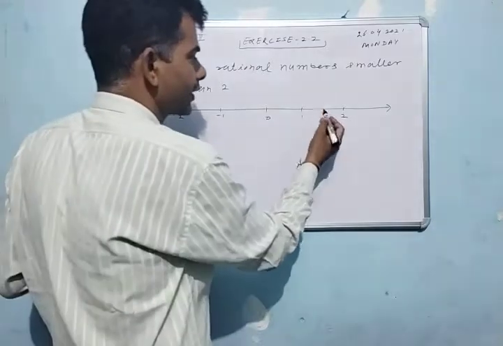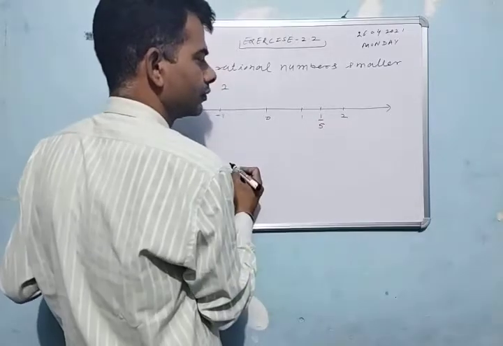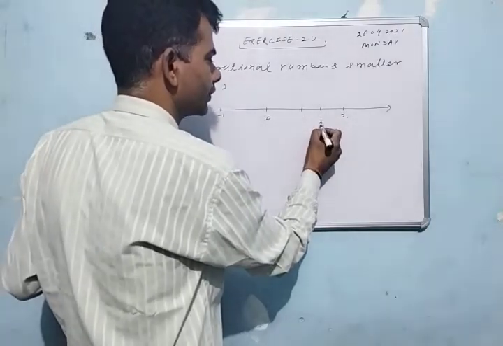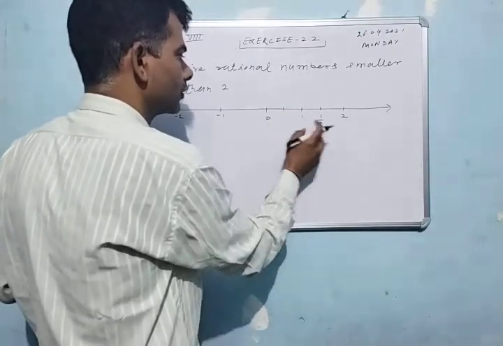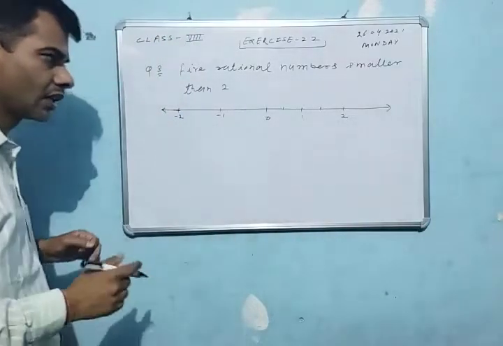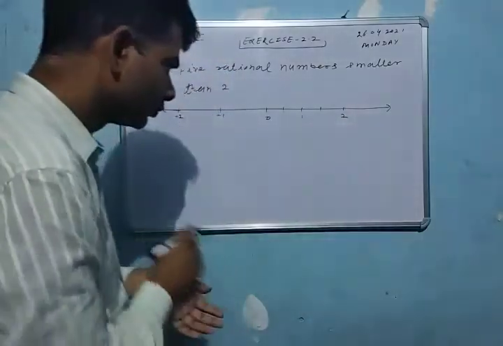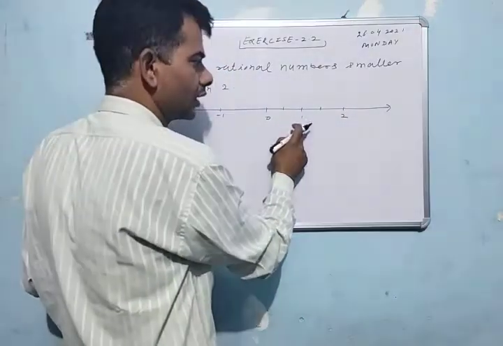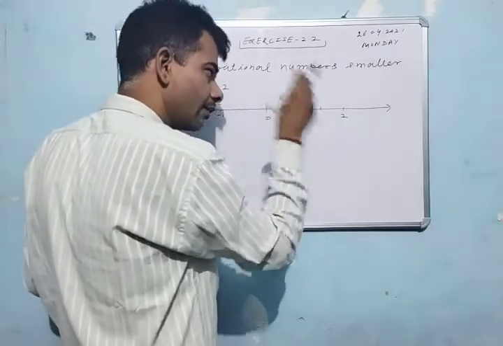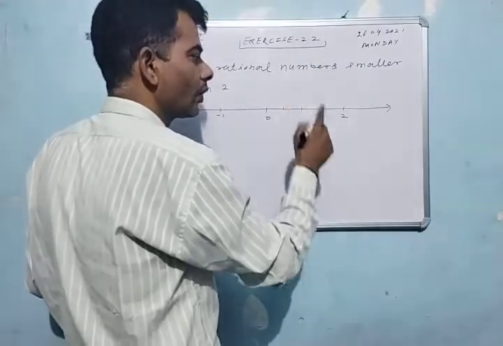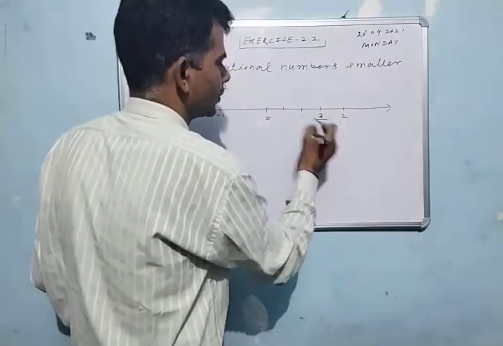Students, here is 1 and 2. If this is 1 and this is 2, in the middle of 1 and 2 that is 1.5. 1.5 is equal to 3 by 2.